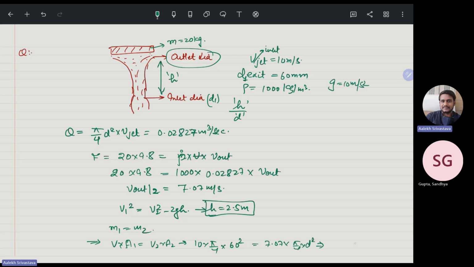Therefore, d is coming as 71.3 mm, and therefore your h by d ratio is around 35.05. So this is what the answer is.